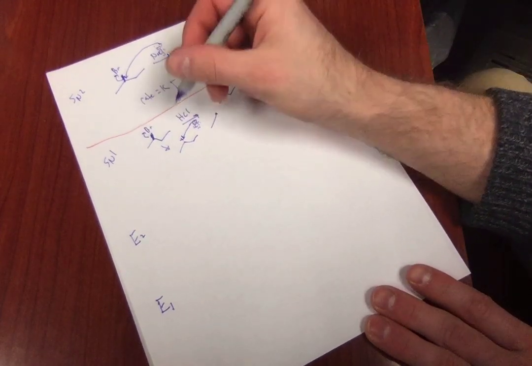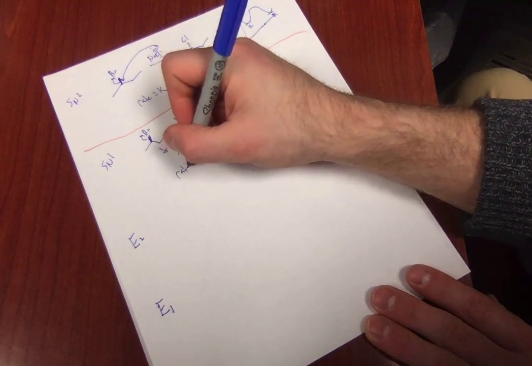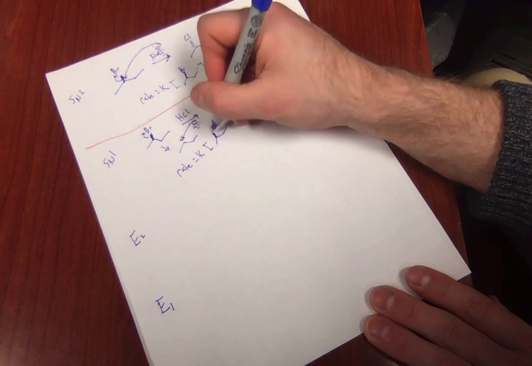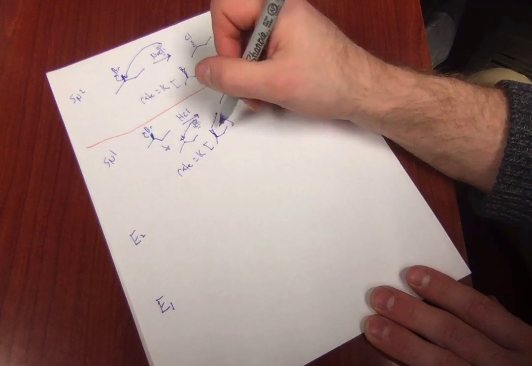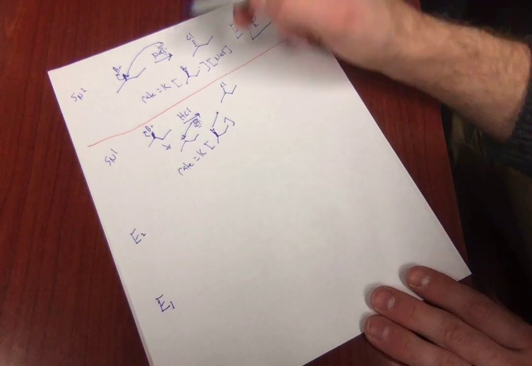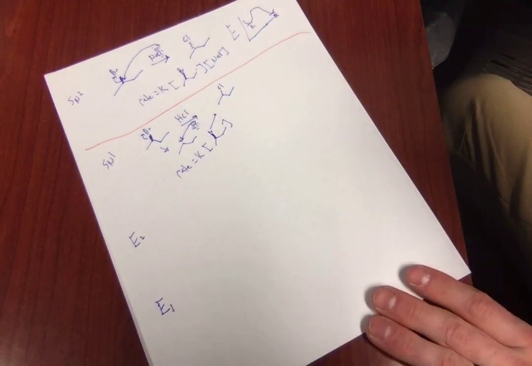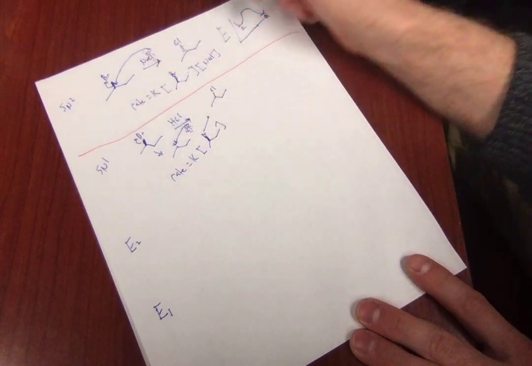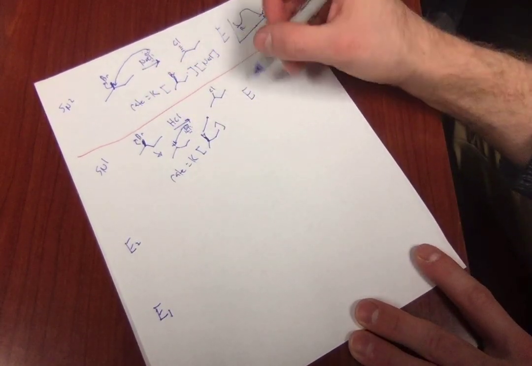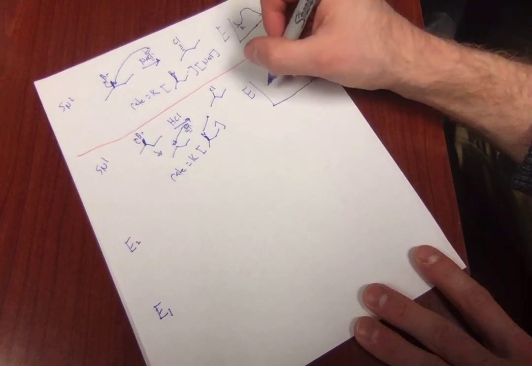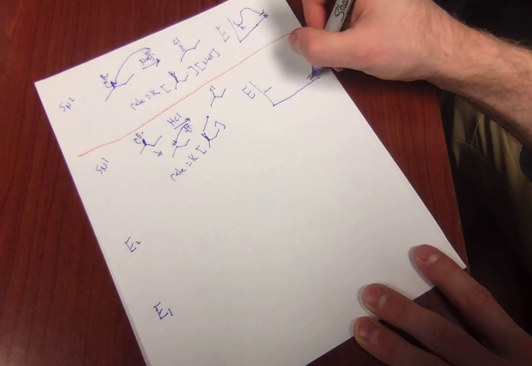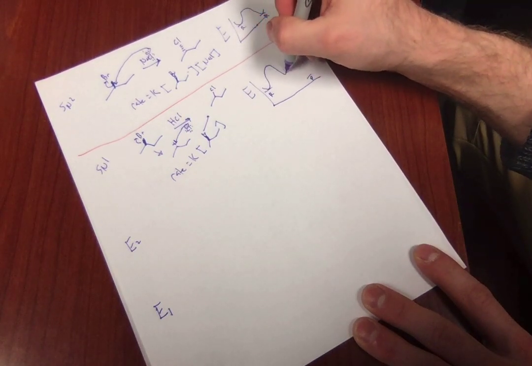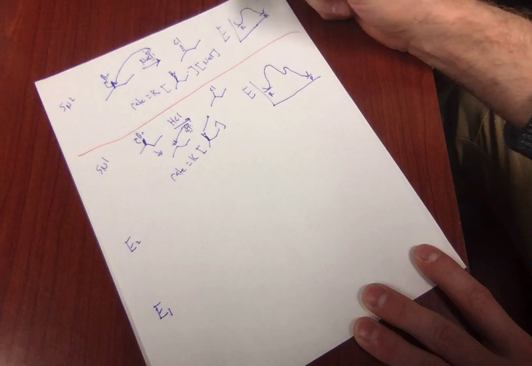Our rate limiting step is going to be this first one. So because of that, our rate is equal to, in this case, just the concentration of our alkyl halide. From this point, because we're doing 2 steps here, our energy diagram, products, reactants, we are going to see that second step here.